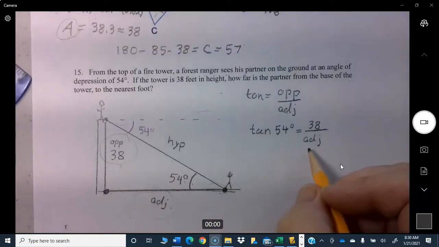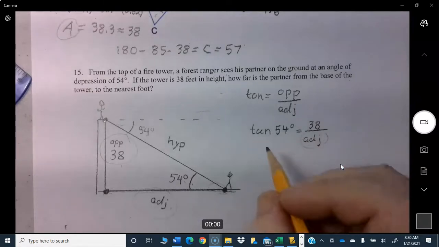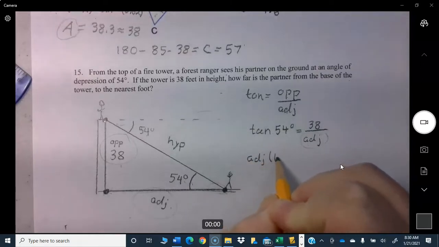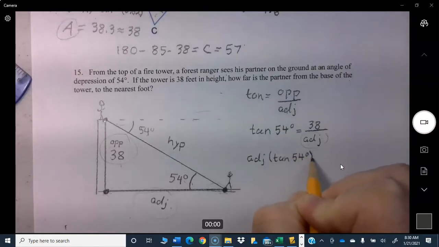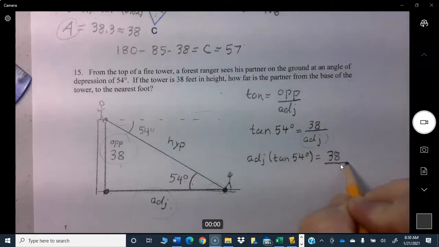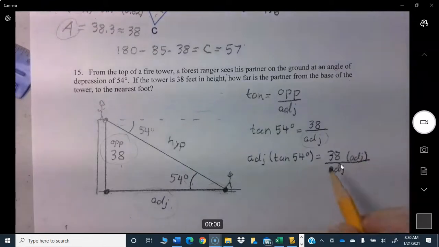Okay, so we're going to multiply both sides by adjacent. We need to get adjacent by itself, and we need to get it up on the top. So multiply both sides.